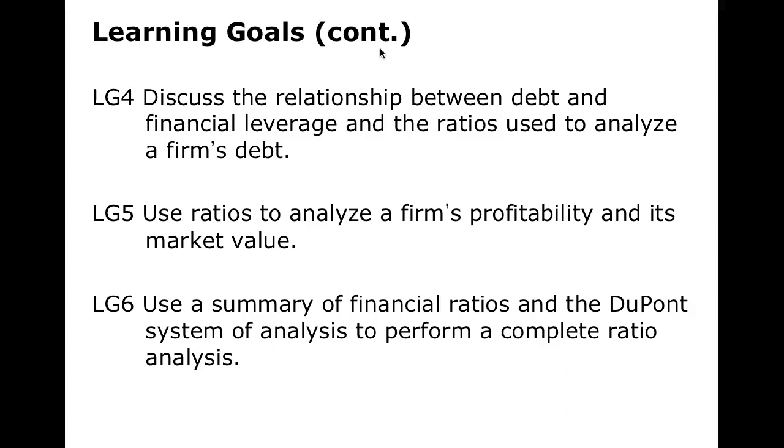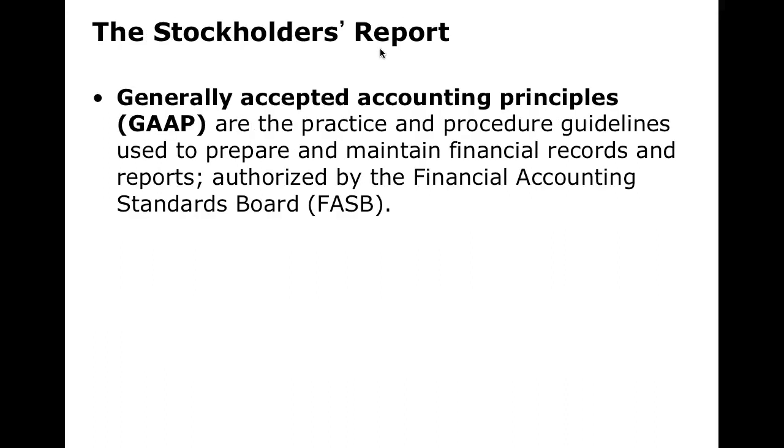And we want to use ratios to analyze the firm's profitability and its market value. Market value relates to how valuable the company is within the stock market. And we can use a summary of financial ratios to get an idea of how a company is doing year over year and within its industry.